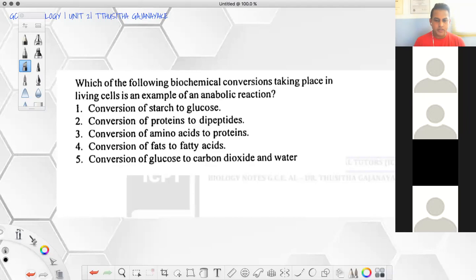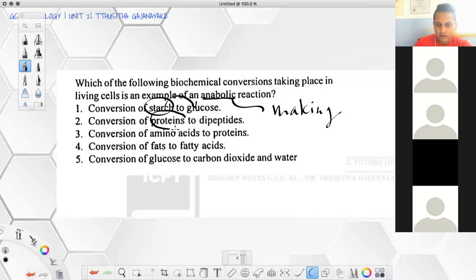Yes, I think most of them correctly identified. Okay, anabolic is making the molecules. Now, starch is a polymer of glucose. So starch hydrolyzed to glucose is breaking. Glucose is a building block of starch. Protein is the polymer of amino acids.